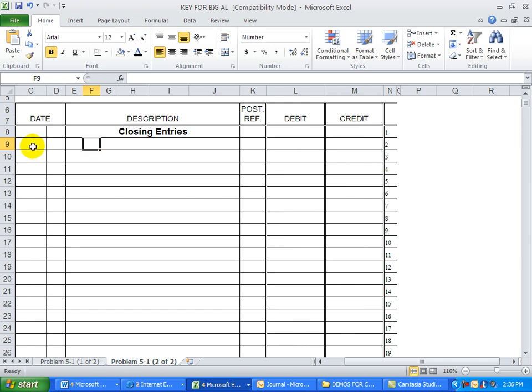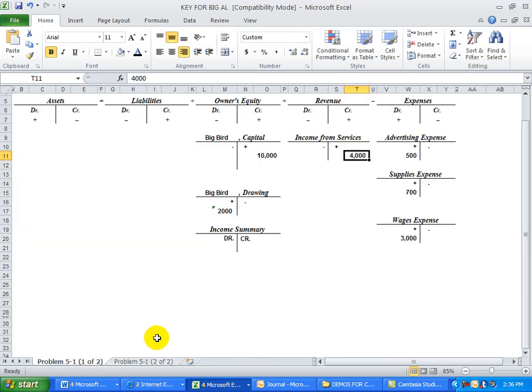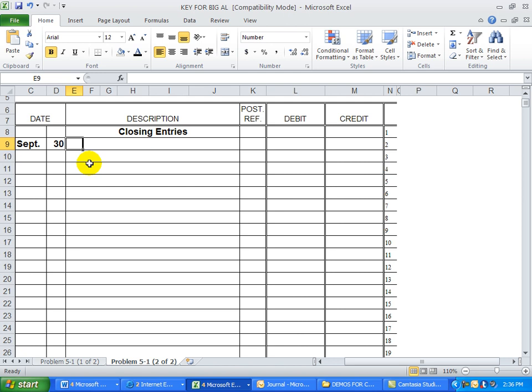And we'll just make up a month. We'll say it's for the month of September, because this is what the weather looks like, doesn't it? Okay, September 30th. And the name of our account is income from services. So we're going to debit income from services.